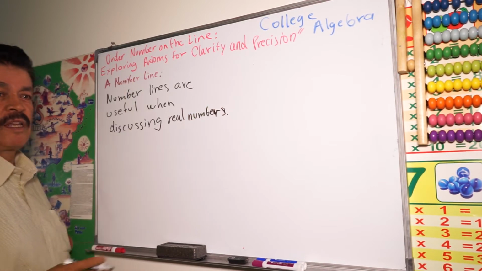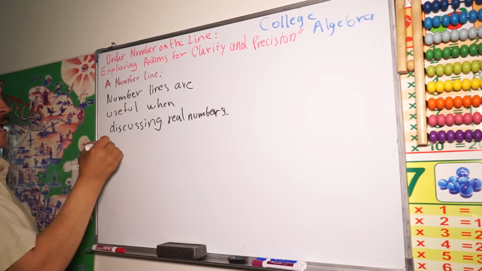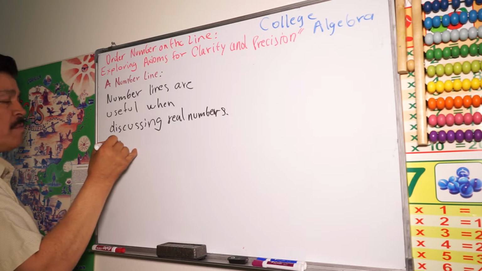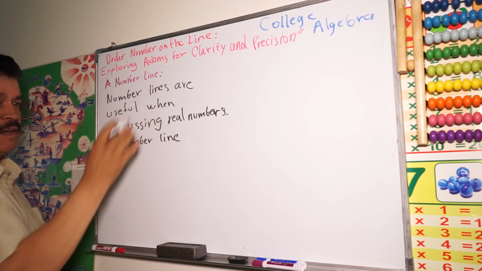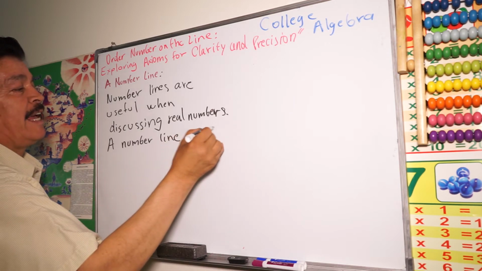This is very important, keep it in your minds. A number line, this is background that you need to know: sets.